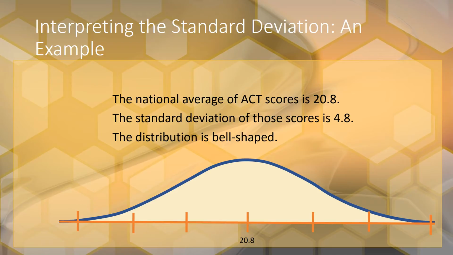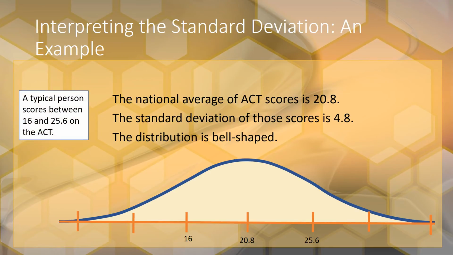Now we're going to go out 3 standard deviations above and below the mean. Let's go above first. One standard deviation above the mean: we take 20.8 and add 4.8 to get 25.6. So 25.6 is 1 standard deviation above the mean.